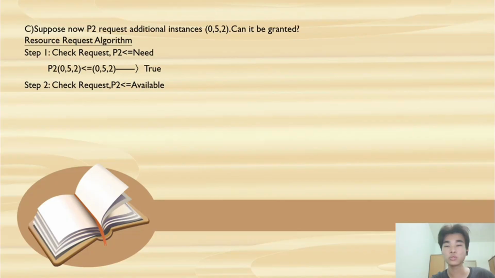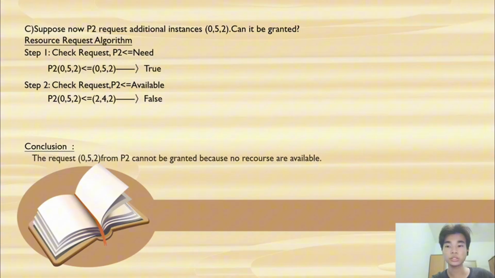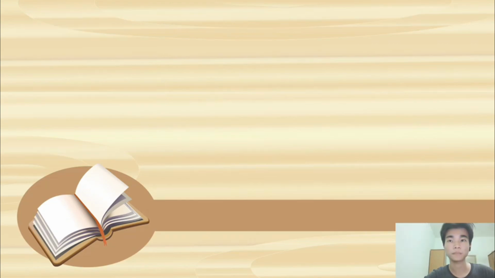Step 2, we check P2 request less than or equal to available. 052 less than or equal to 242, so it's false. In conclusion, the request 052 from P2 cannot be granted because not enough resources are available.